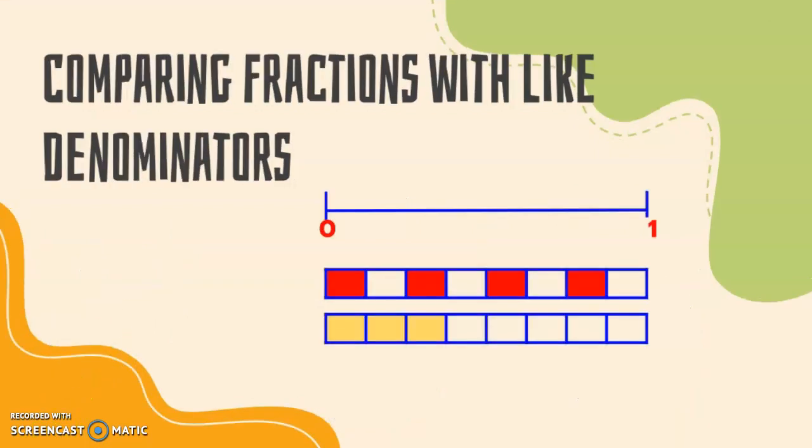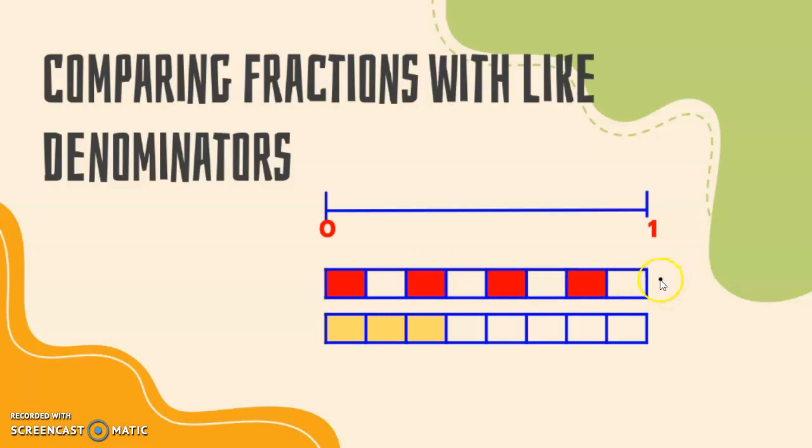Let's look at our next model. Here we have a number line and we have two models. And so we're going to use the models to compare two fractions with the same denominator. And then we're going to represent it on the number line so you can see how it looks on a number line. So for the first model, we have 1, 2, 3, 4, 5, 6, 7, 8.